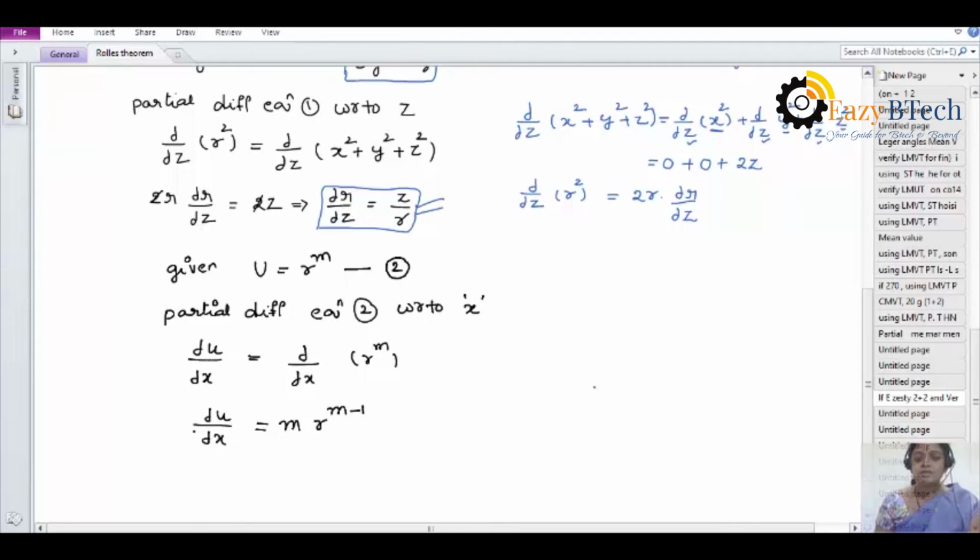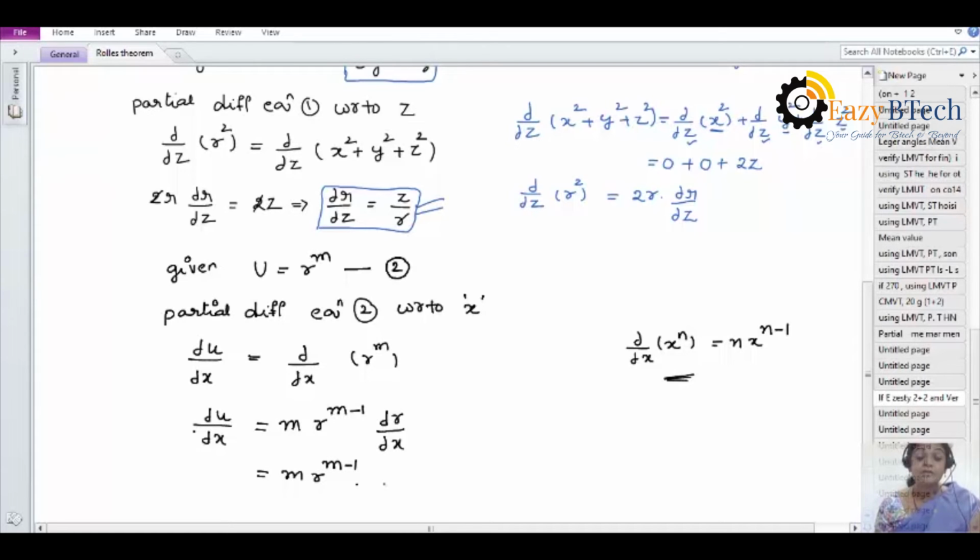What is the formula here? ∂/∂x of x^n, the differentiation formula, is n into x^(n-1). I am applying this formula here. At first applying powers and then applying the function: m into r^(m-1) ∂r/∂x.